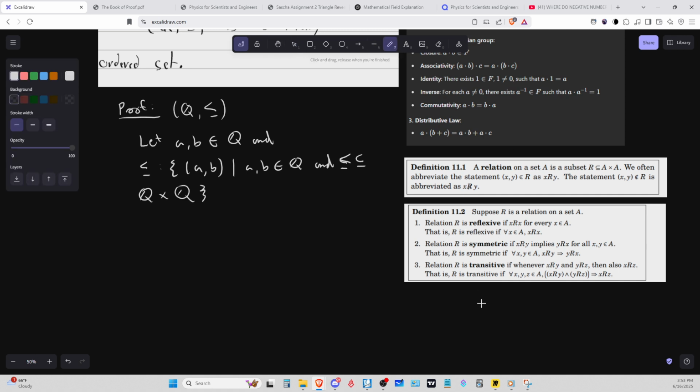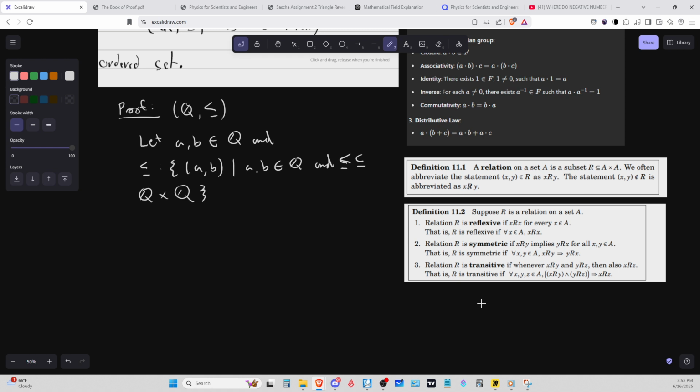Suppose that R is a relation on set A. Relation R is reflexive if xRx for every x in A. That is, R is reflexive if this holds for all x in A. Okay.